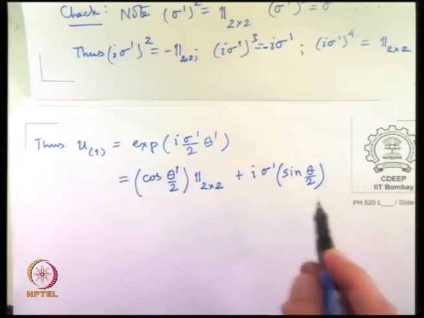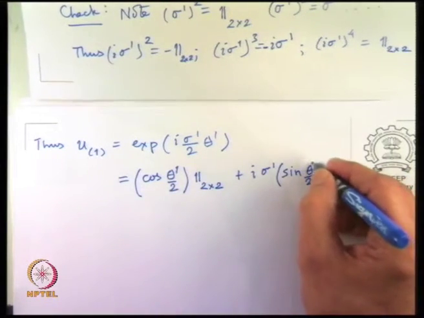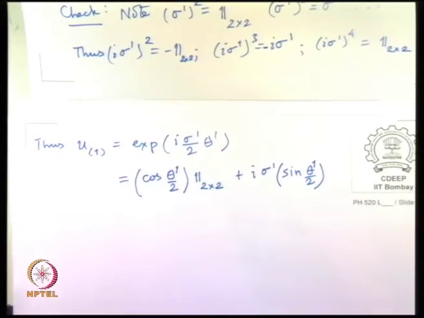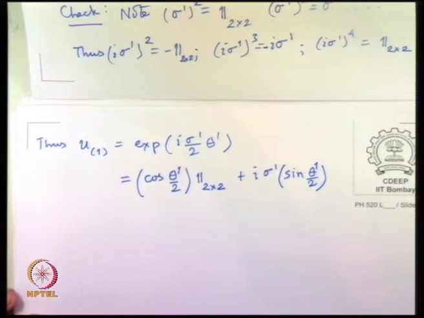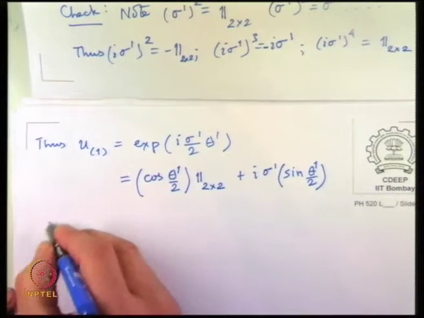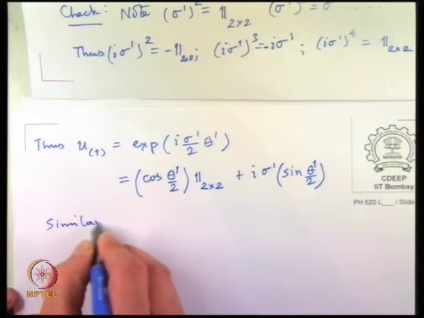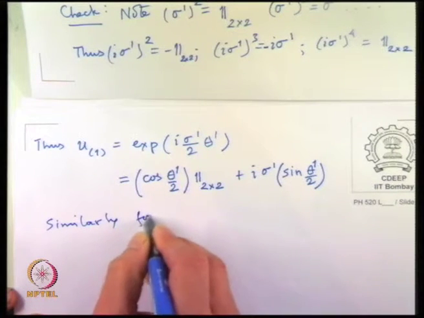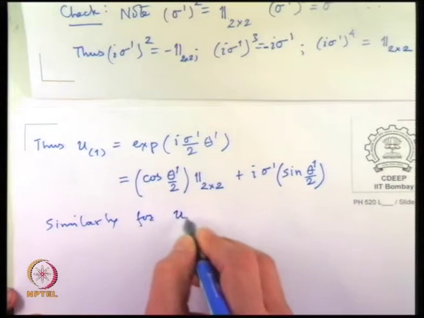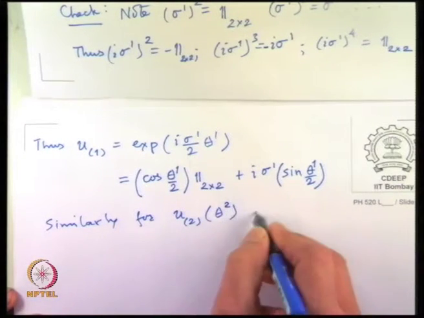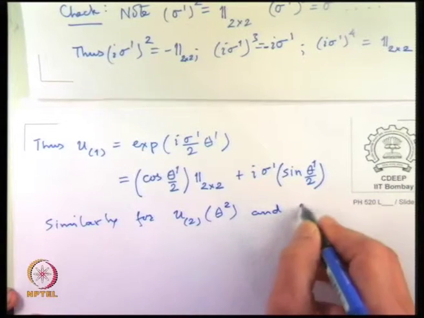The half factors will go with the theta parameter because the sigmas themselves have squares equal to one, or are back to sigmas. The same thing holds for u2 with theta 2 and u3 with theta 3.